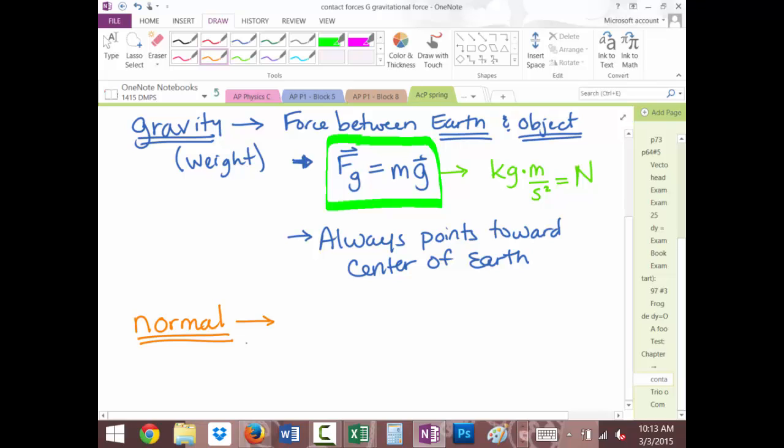Have you heard the word normal in any other context? Maybe in a math class? That's where I've heard this version of the definition of normal. Has anybody heard the word normal in math class? Where have you heard it?